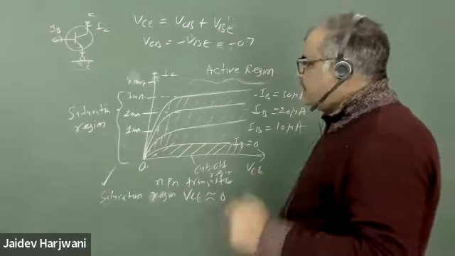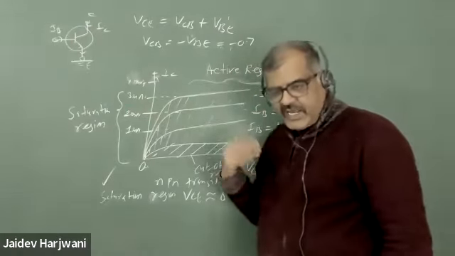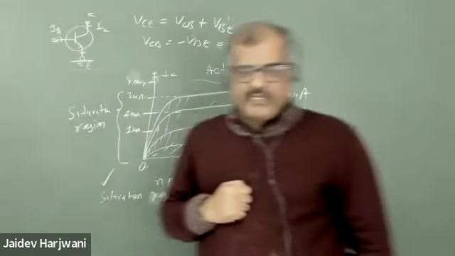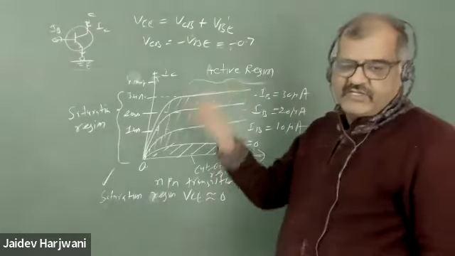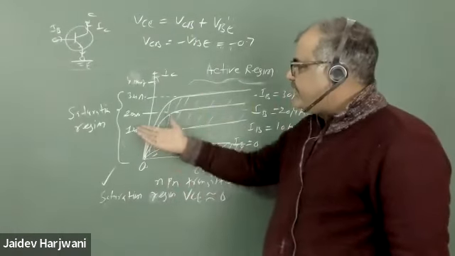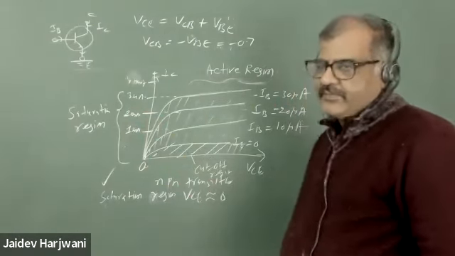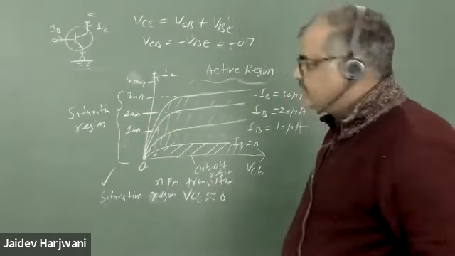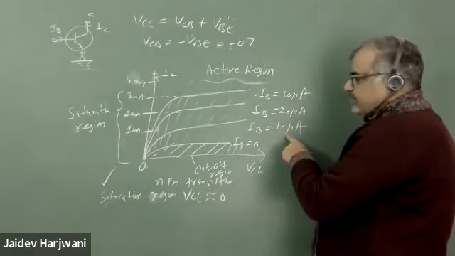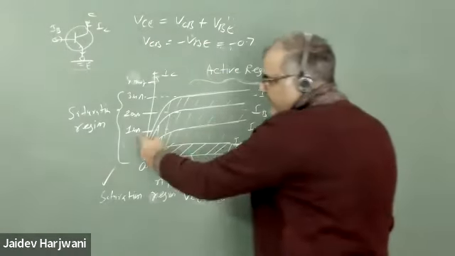But since the current gain is very high, in common base we have input current IE and output current IC, and they are almost equal. The current gain alpha is less than 1, almost equal to 1. But in common emitter configuration, the current gain is beta, that is IC upon IB. If you have an IB value of 10 microampere and your beta is 100, you multiply by 100 and get 1 milliampere current.